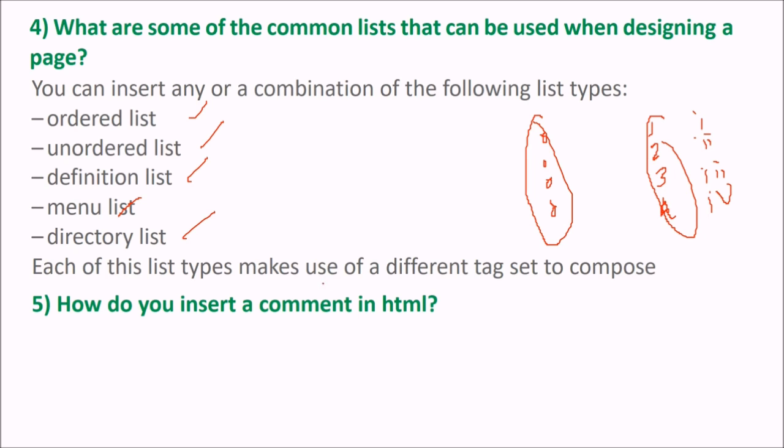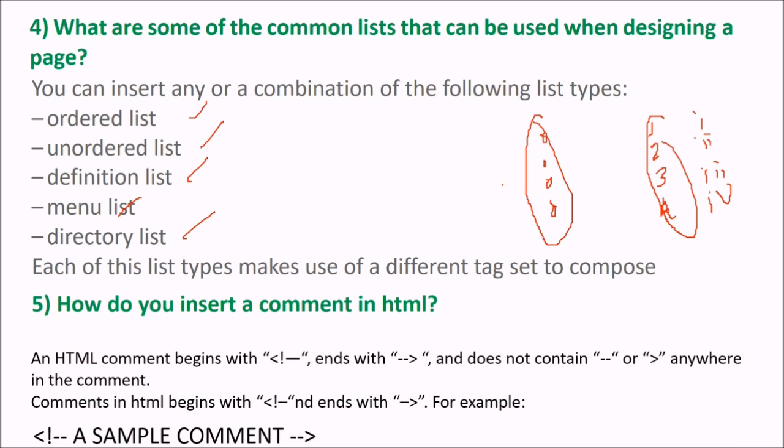How do you insert a comment in HTML? The comment is like this. You start with a less than sign, then an exclamation mark, then two hyphens. Once you are done with your comment, again two hyphens, and then the greater than sign. So HTML comments begin with this, end with this, and do not contain these anywhere in the comment.